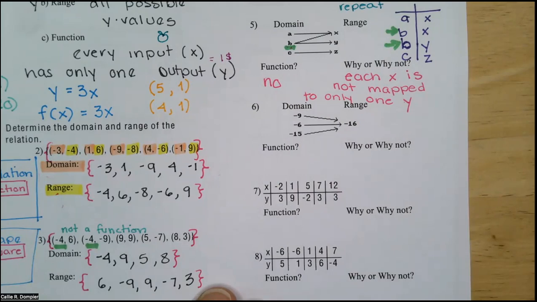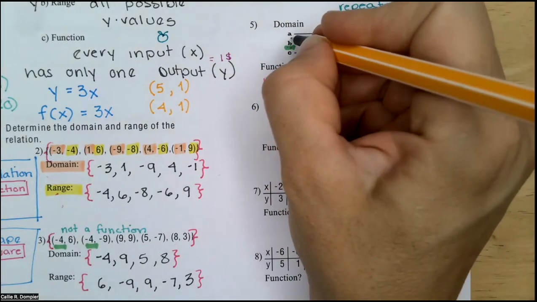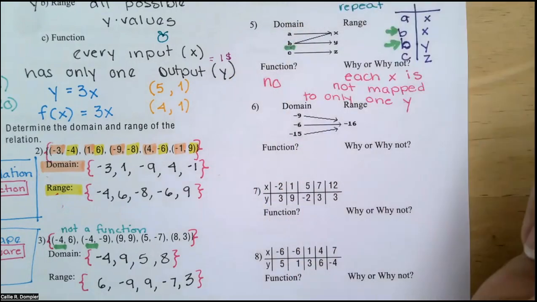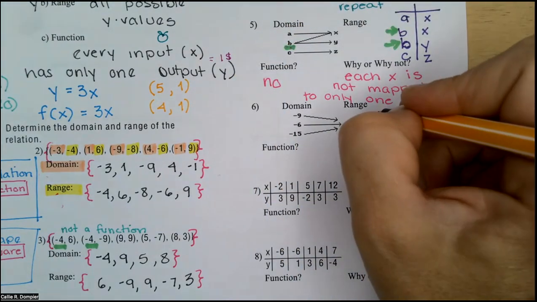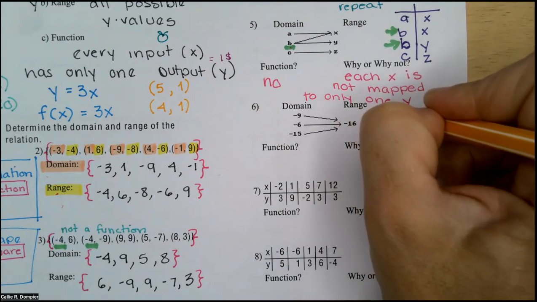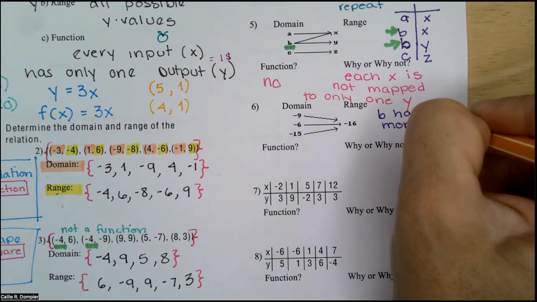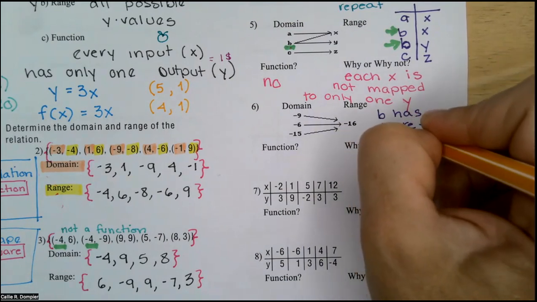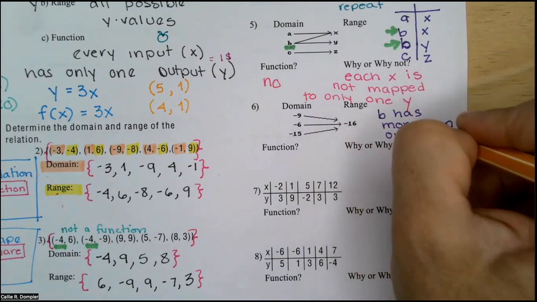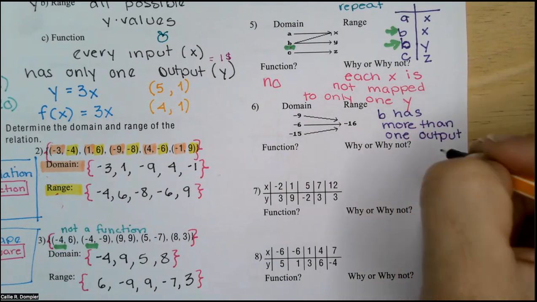We can also say B has more than one output value. Domain B has more than one range value, or a range value.